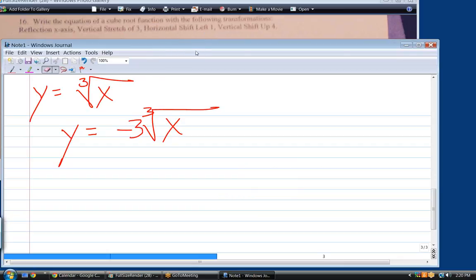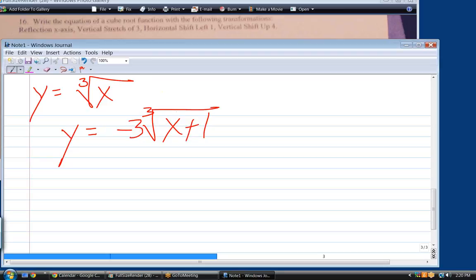Horizontal shift to the left of 1. Would that be -1? That would be a shift to the right of 1. In other words, if I had -1 like that, it'd be the opposite, so it'd be +1, right, that's to the left.